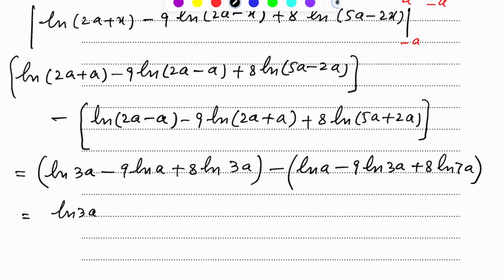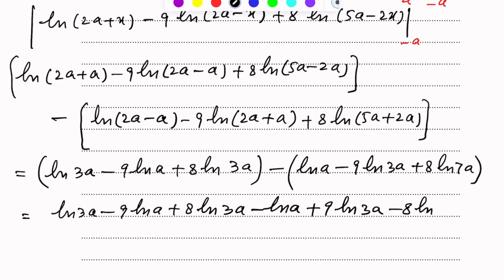Opening the brackets: log 3a - 9 log a + 8 log 3a - log a + 9 log 3a - 8 log 7a.